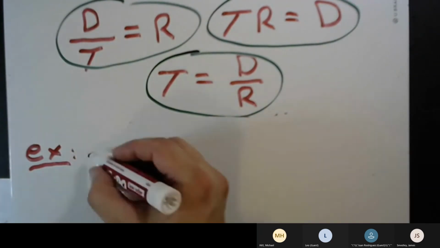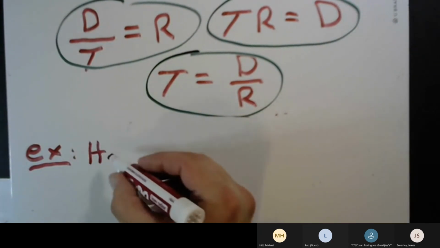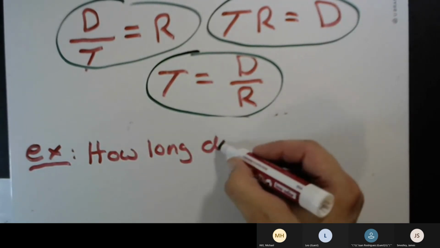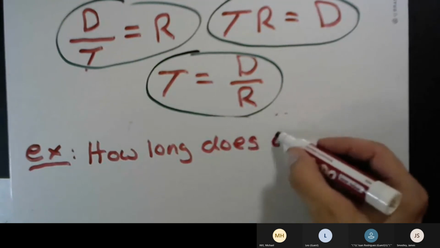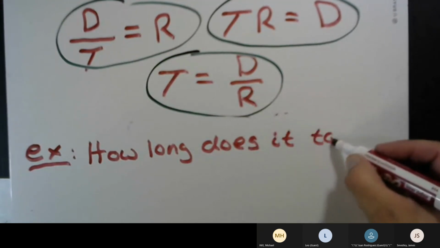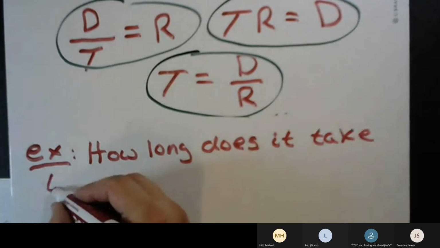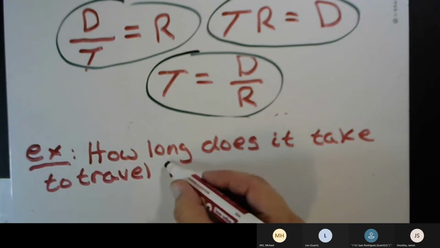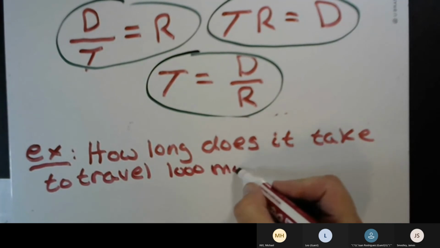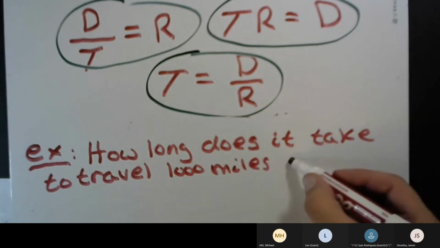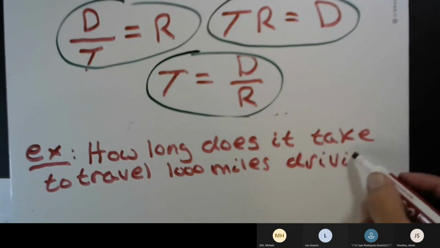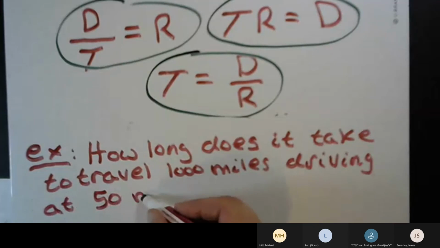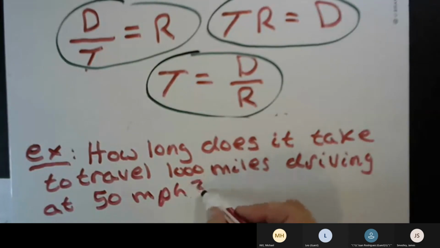So for this next one, let's say we have this. How long does it take to travel 1,000 miles driving at 50 miles per hour?